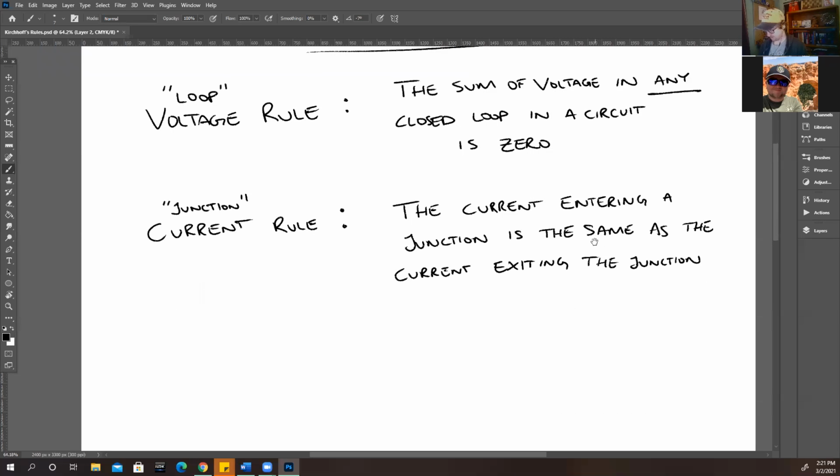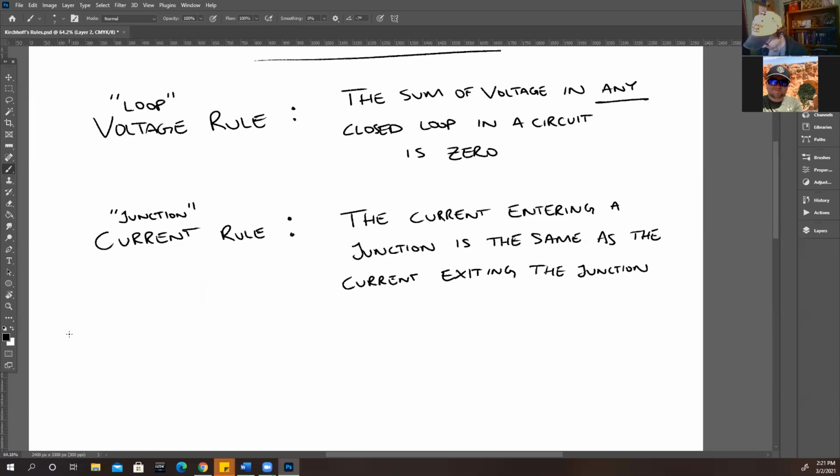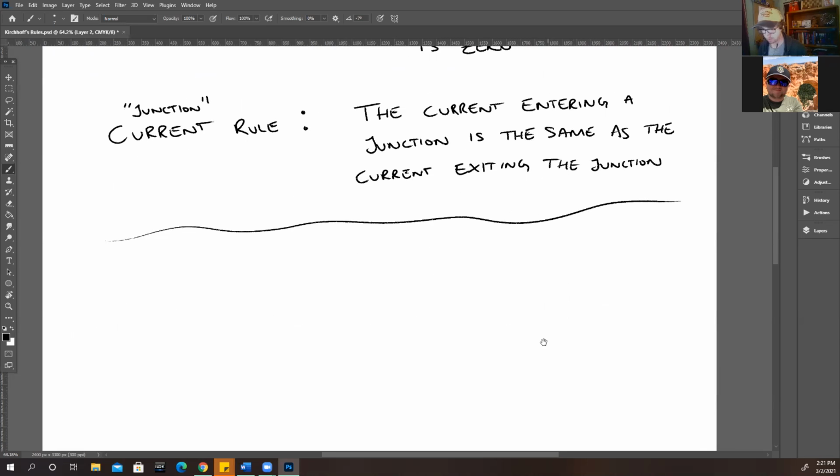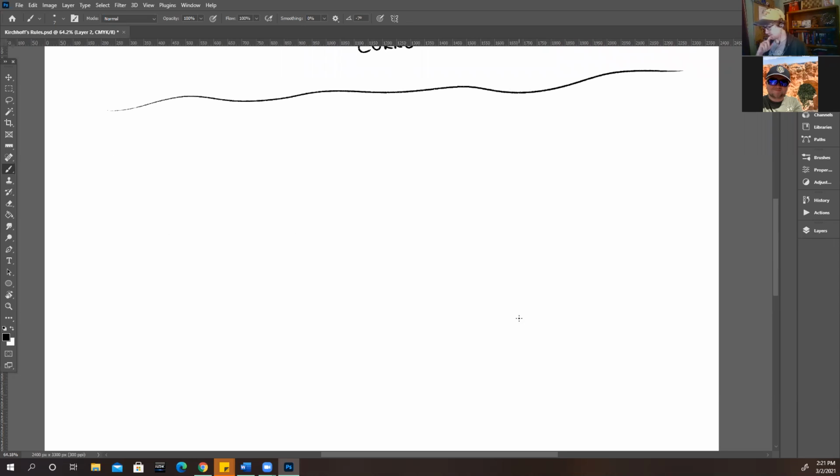Okay, let me get some diagrams going. Let's start with something that we've seen last week.